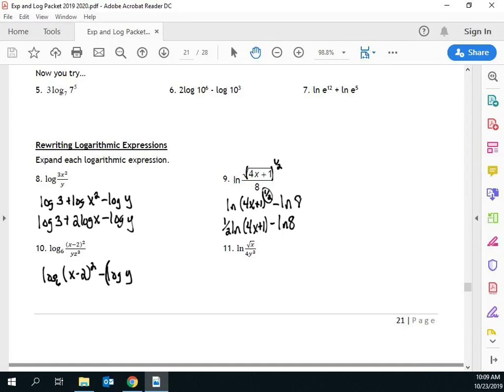And then follow the rule that you just said. Add log z cubed and close parentheses. Use the parentheses so that you can see that it's minus because these two are on the bottom. Think about it. It's x minus 2 squared divided by y, and divided by z cubed. Both of those are being divided, right? So that's why you've got to group them together.